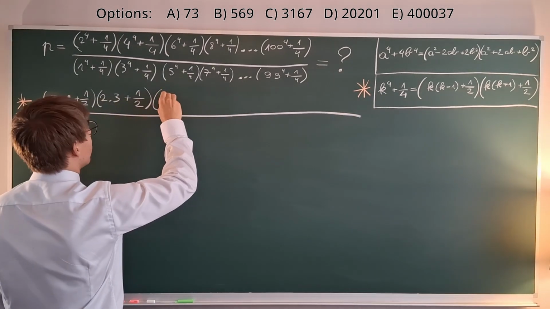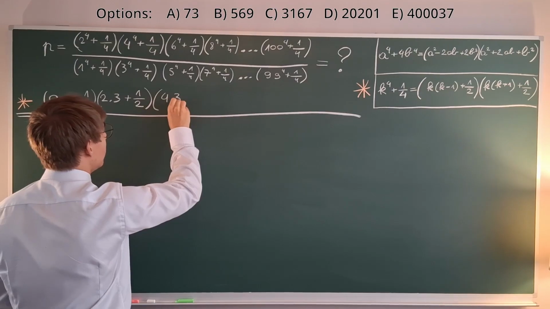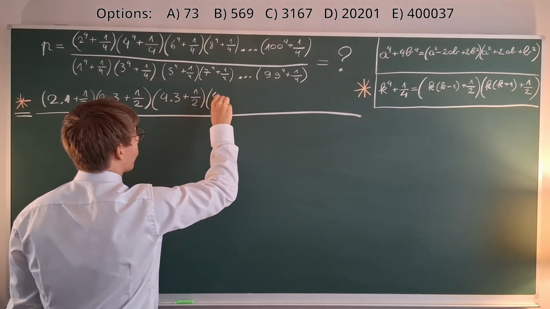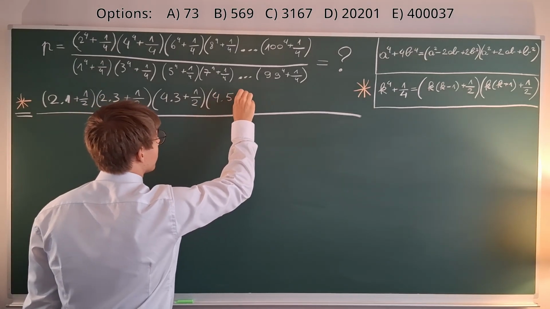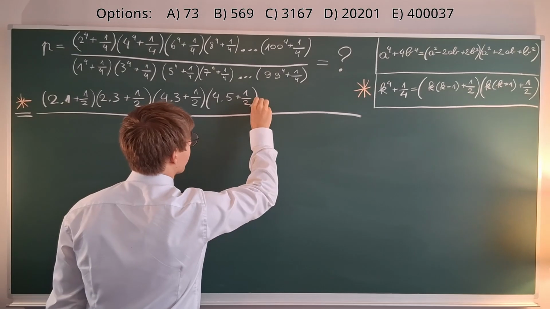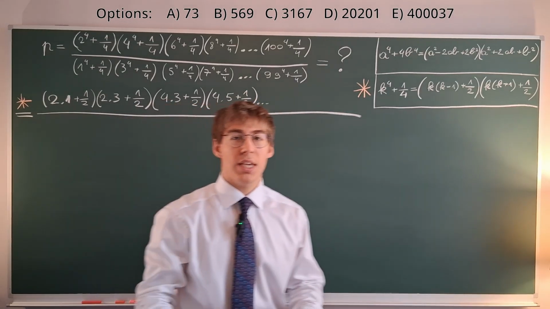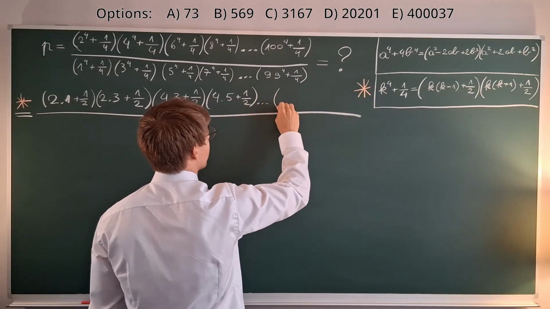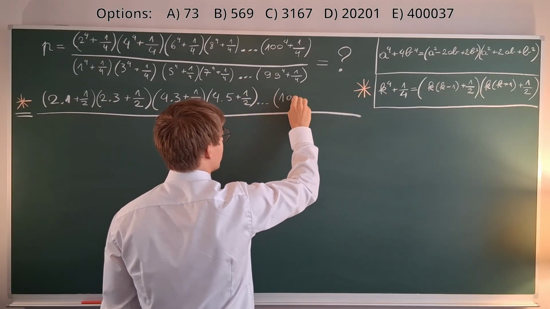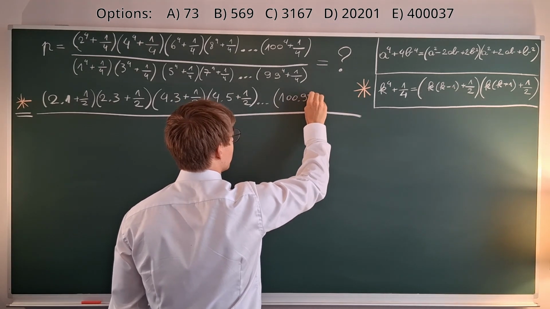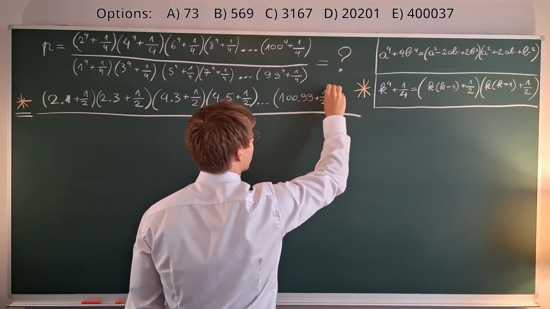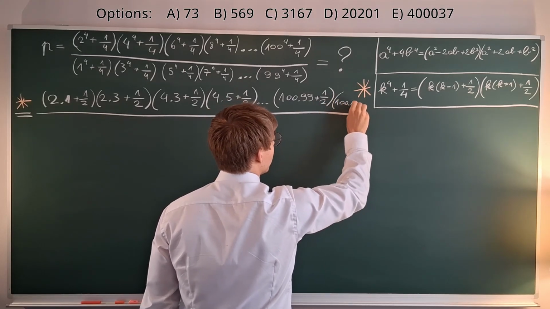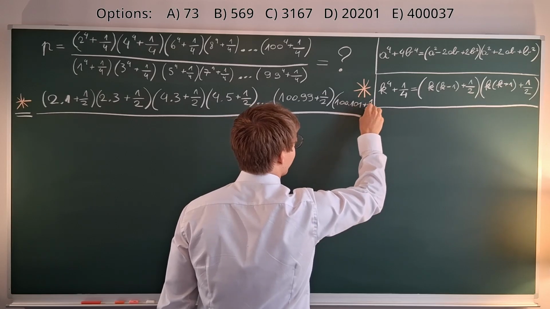Now we get 4 times 3 plus a half times 4 times 5 plus a half. And this pattern will keep repeating until we have to plug in 100 for k, and then we get 100 times 99 plus a half times 100 times 101 plus a half.